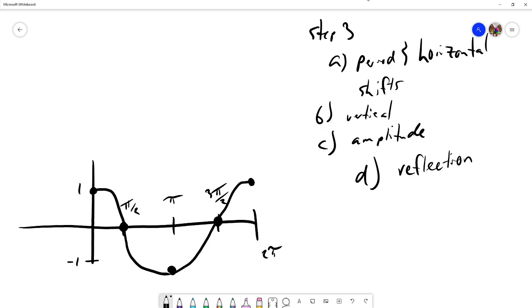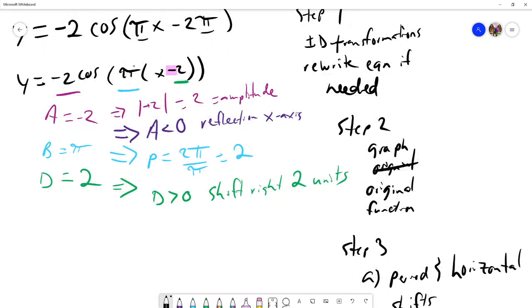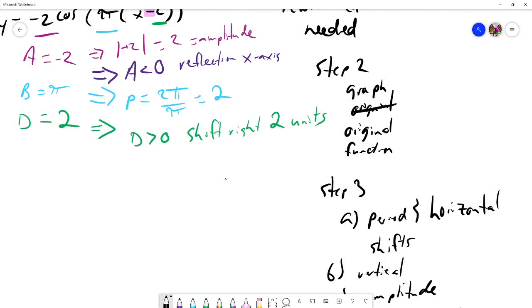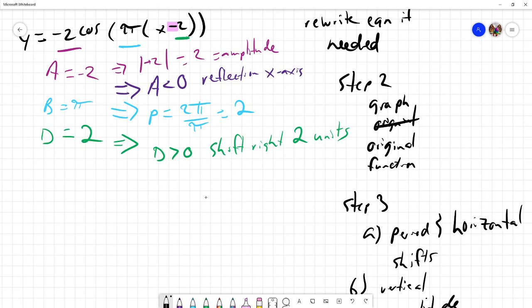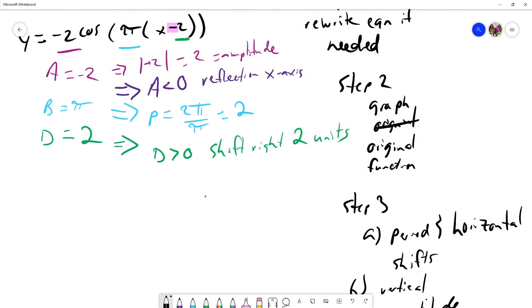Alright, so let's see what color we had. Okay. So we are going to start with, actually we want to start with period change. So the reason why I want to start with the period change is this. If we were to do the shift right 2 units first, notice it's not in terms of pi.